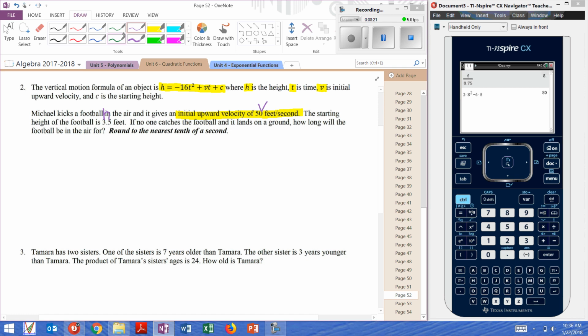So let's do some substituting first. So we have our equation, h is equal to negative 16 t squared plus vt plus c. And we're going to put in 3.5 for h.